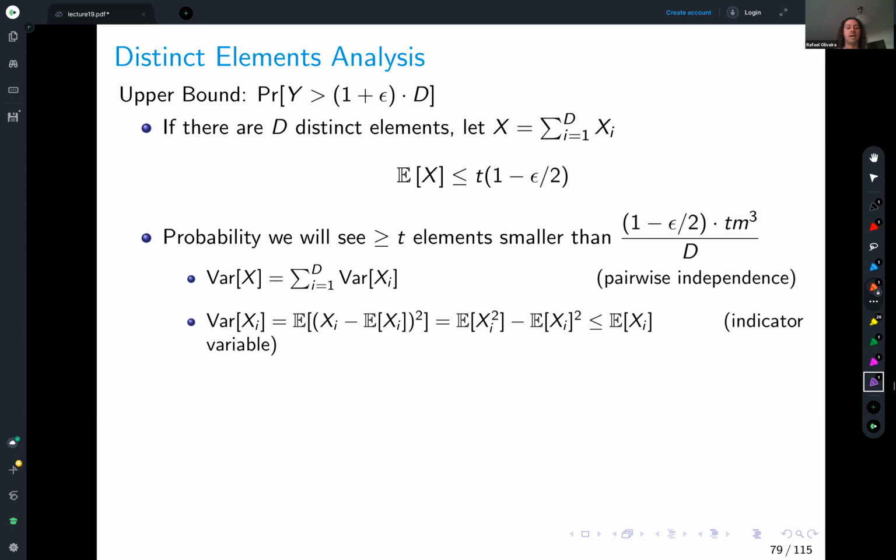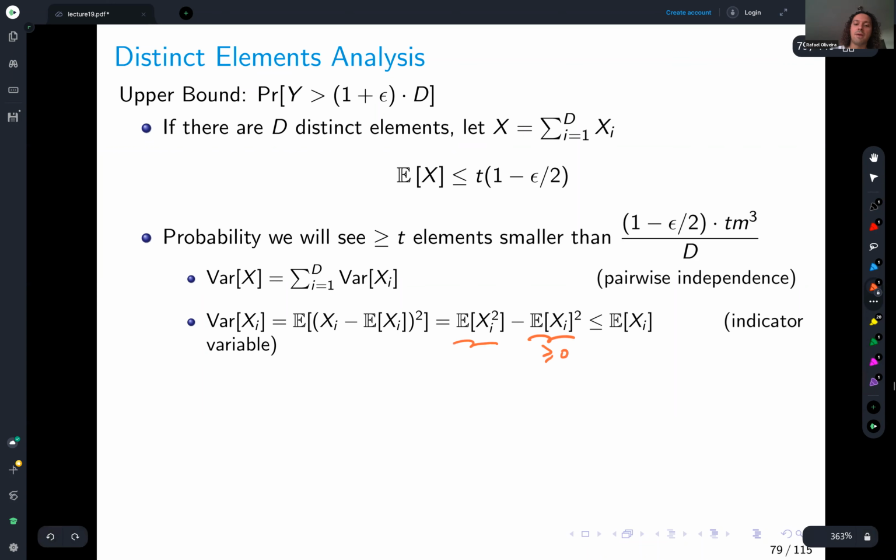And then what is the variance of x_i? If we just look at the formula, it's equal to the expected value of x_i squared minus the expected value of x_i, squared. But this is less than or equal to the expectation of x_i. And why is that? Because, first of all, this is greater than or equal to 0, so we can just set it to 0 and the quantity increases.